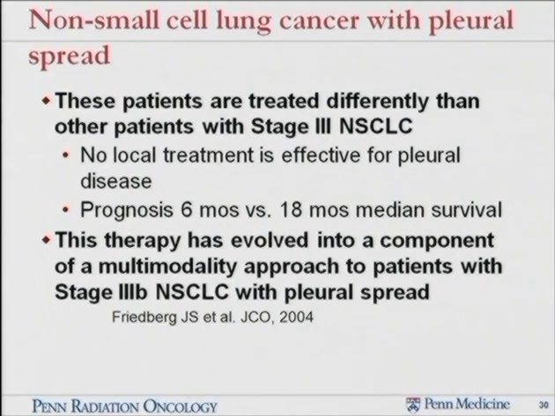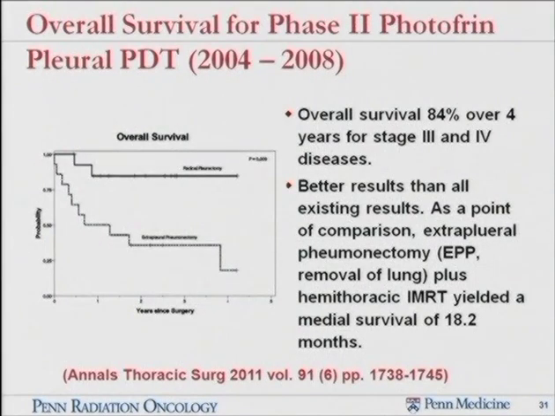So we have done that for a long time, actually. And if you look at the most recent analysis, which analyzed the patients from 2004 to 2008, you can find actually the median survival for this particular radical pleurectomy with PDT is very long. This is 4 years out, still, for a subset of patients.